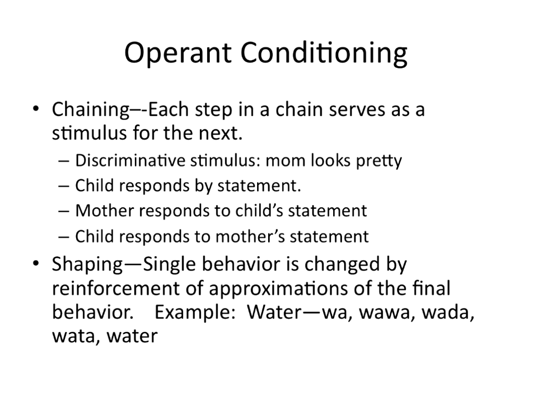The child loves that response and then reshapes again to get even closer to the adult's production. And he will say wa-da, wa-ta, and then wa-ter. So the two ways that children learn speech are through chaining and shaping.